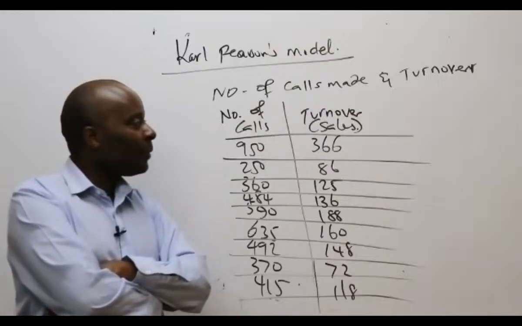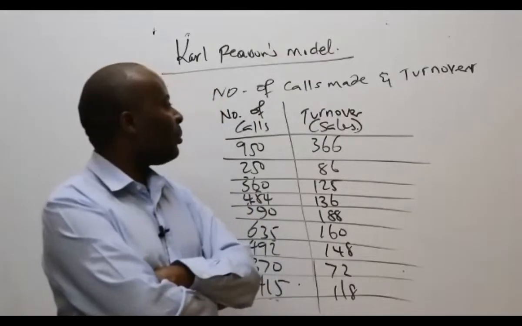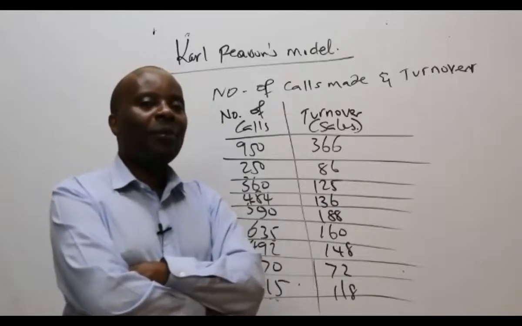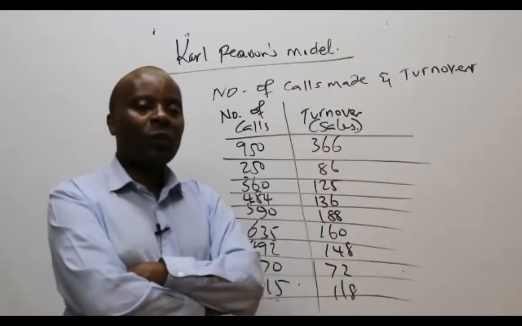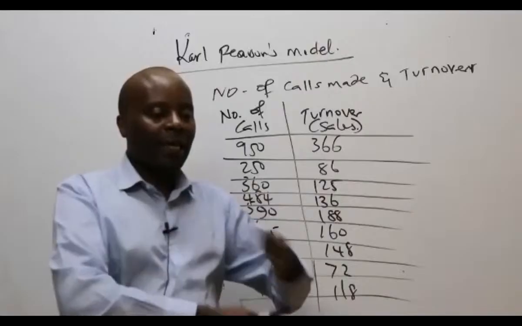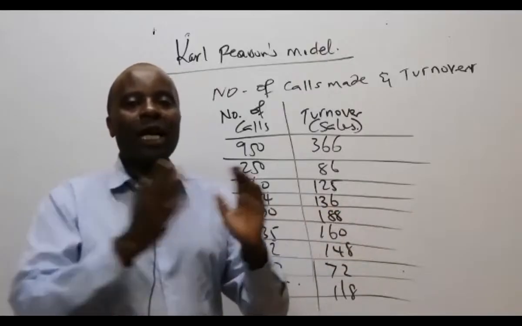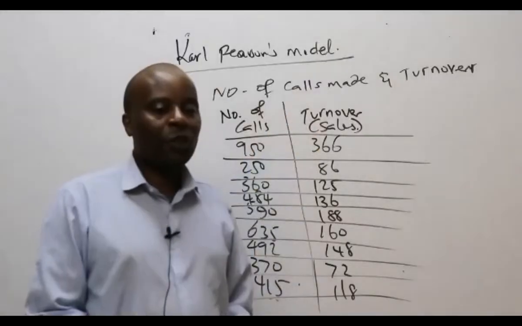Ladies and gentlemen, if you ask those students why they give, for example, number of calls as x, most of them will not have an answer. Most of them will tell you it is because number of calls happens to be the first column, and as per the chronological or alphabetical order, the first one should be x and the second one should be y.